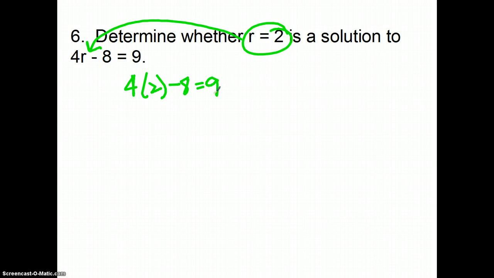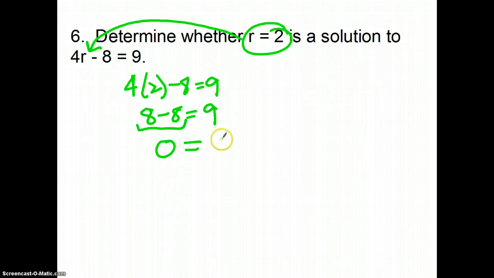Okay, I need to simplify the left side of the equation to see if it equals 9. And that'll tell me whether r equals 2 is a solution. So 4 times 2 is 8, minus 8 equals 9, and then I check to see what 8 minus 8 is. 8 minus 8 is 0, so 0 is not equal to 9, and r equals 2 is not a solution.